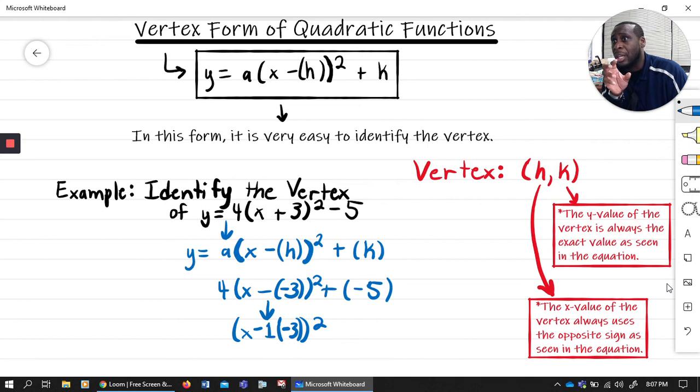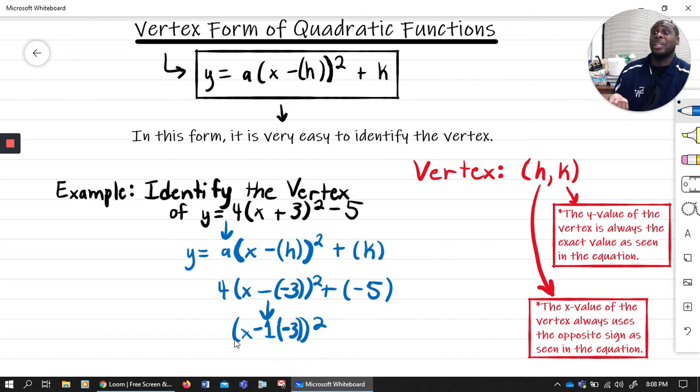Technically, it's like we're saying minus 1 times h. Okay. So again, it's like that. So the only way for that to work, where it is still equivalent to this original equation, where it simplifies to being x plus 3, is the fact that h has to be negative 3. Again, h has to be negative 3.